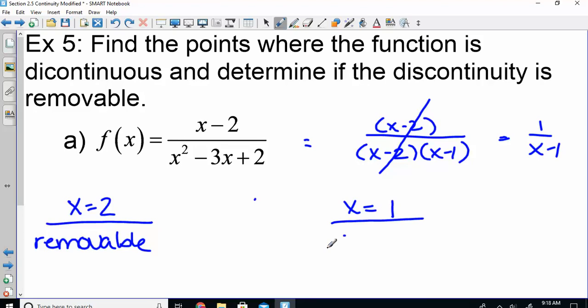It means you're going to have a vertical asymptote. So is that infinite or jump discontinuity? Infinite. When you have asymptotes, that's infinite discontinuity. If you look at their graph, it's just approaching positive or negative infinity. Is that one okay?